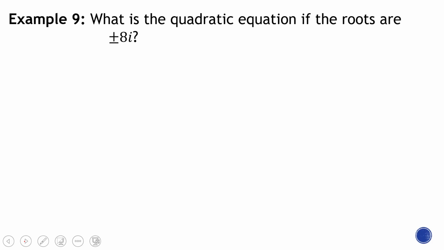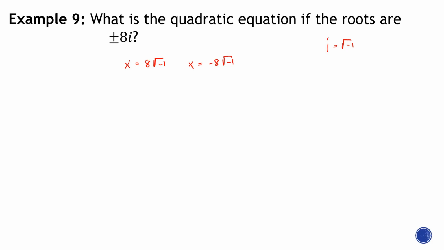Let's go to the second to the last example. Again, we have here an i. So we all know that i is equal to the square root of negative 1. So here, this is x equals 8 square root of negative 1, and the other root is x equals negative 8 square root of negative 1.